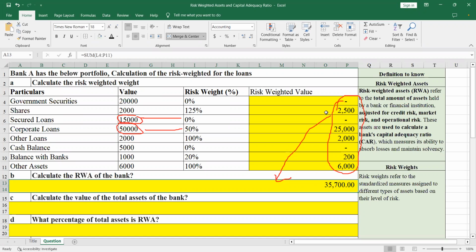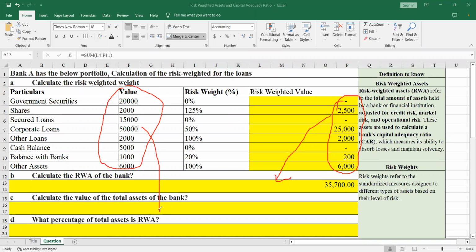The next question asks you for the total assets of the bank. The total assets are not weighted by risk and would be a sum of the total value of these assets.